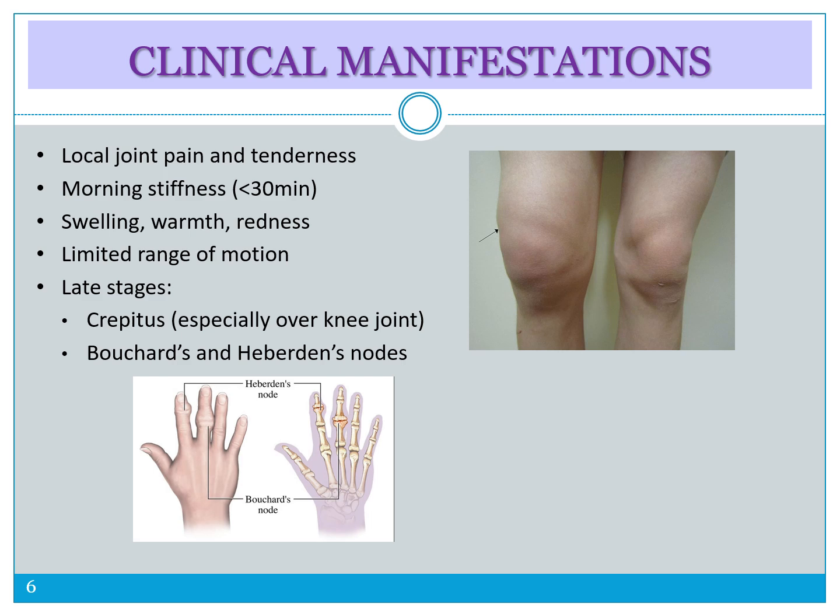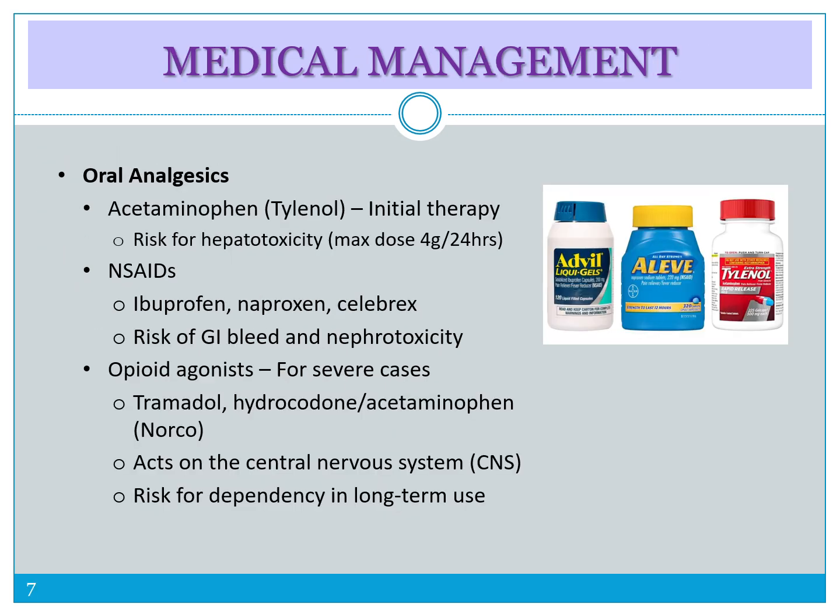So hope that helps. Since there is no cure for OA, the goal is to decrease pain and maintain or improve joint mobility. Here we have a list of oral analgesics to help reduce pain day by day. We start with the ones that have the least amount of side effects, like acetaminophen, the Tylenol, which is going to reduce the amount of prostaglandins in the body that contribute to pain.